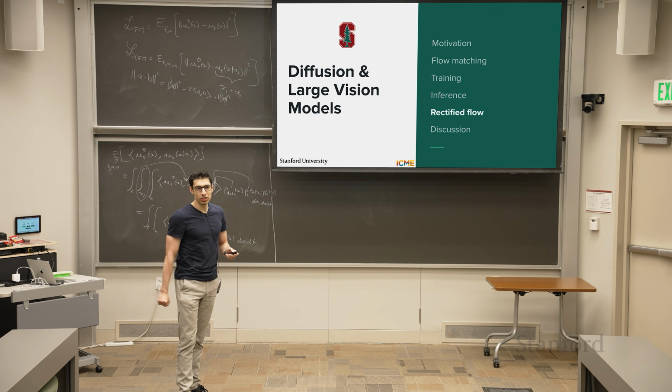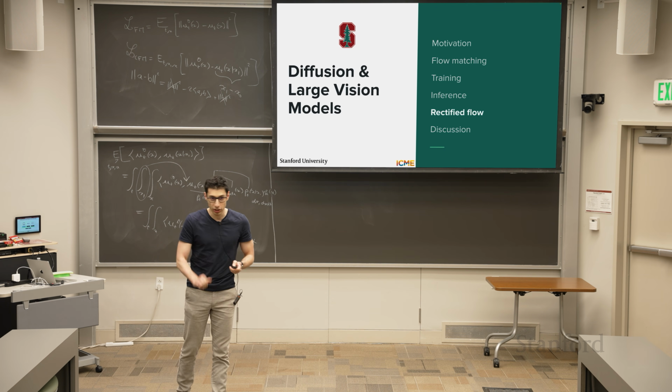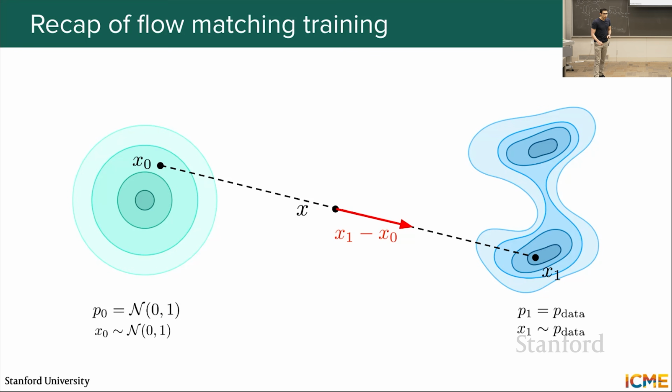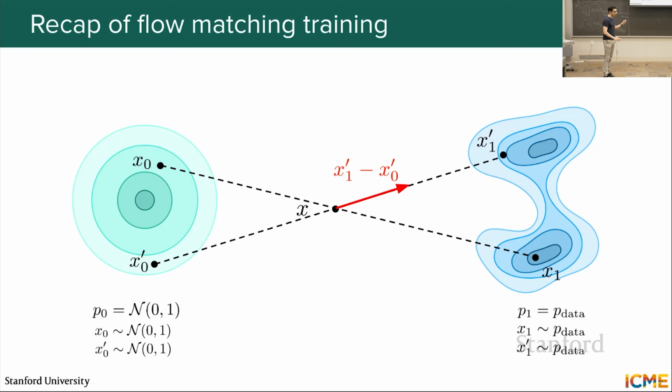So you remember the training process that Afshine just mentioned. You sample x0 from the normal distribution. You sample x1 from your training set. And you draw a straight line between the two, and you try to fit the velocity to this x1 minus x0. Now, I want you to imagine that we do that for a given pair, and now for another pair.